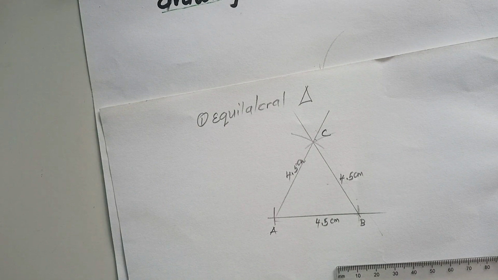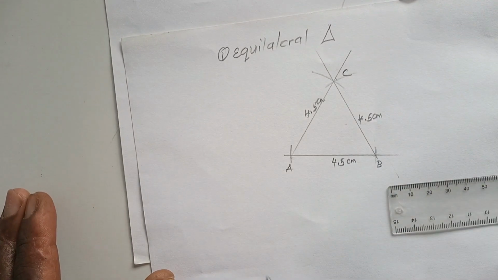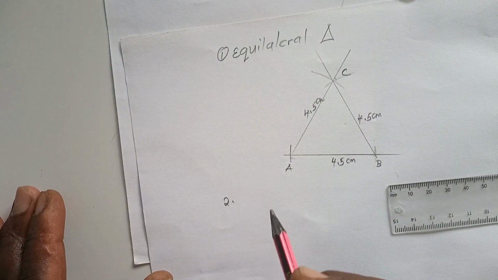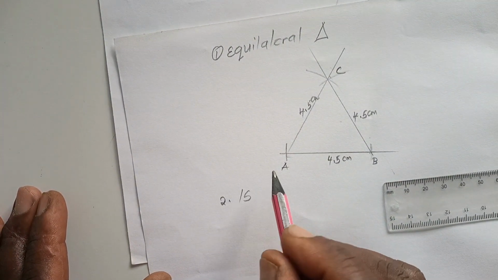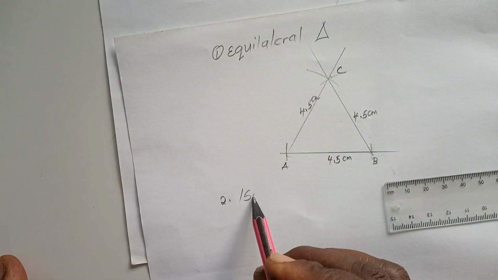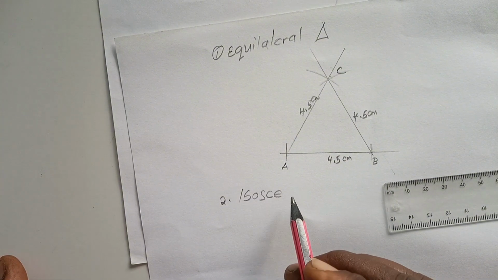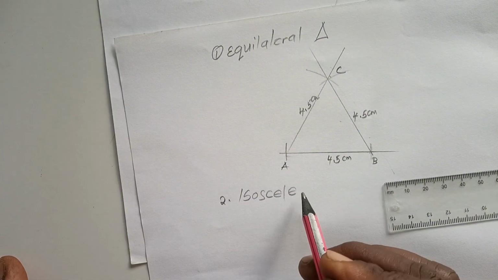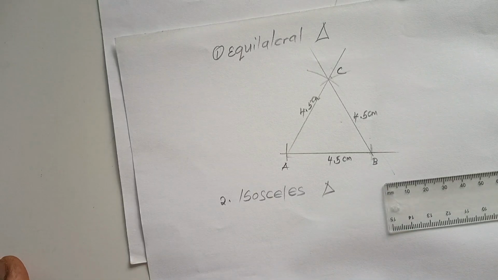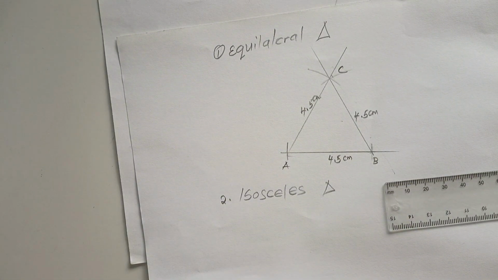Let us have a look at how we can construct an isosceles triangle. So triangle number 2 is an isosceles triangle. How do we construct it?